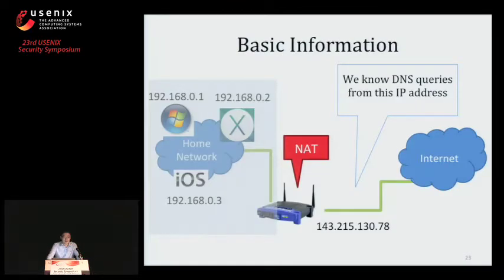Given an IP address, we can determine what DNS queries were issued from this IP address in that day. But because of the common use of network address translation, we cannot determine how many or what kind of devices are behind that IP address. You may have Windows, Mac OS, Android, iOS, or maybe other computers behind the IP address.